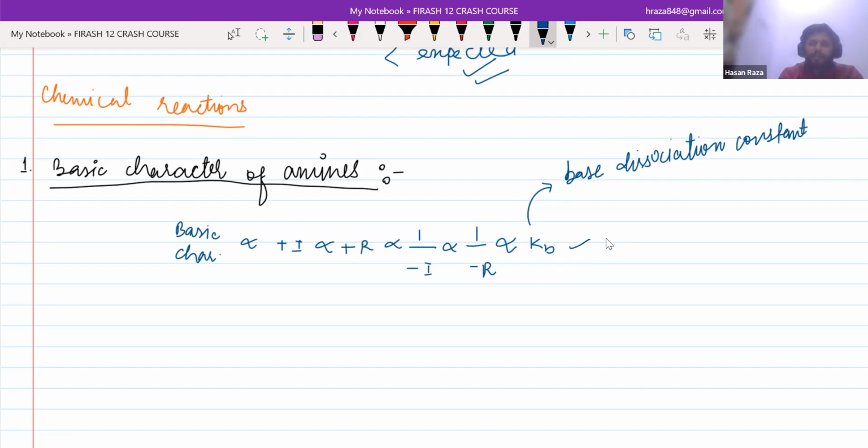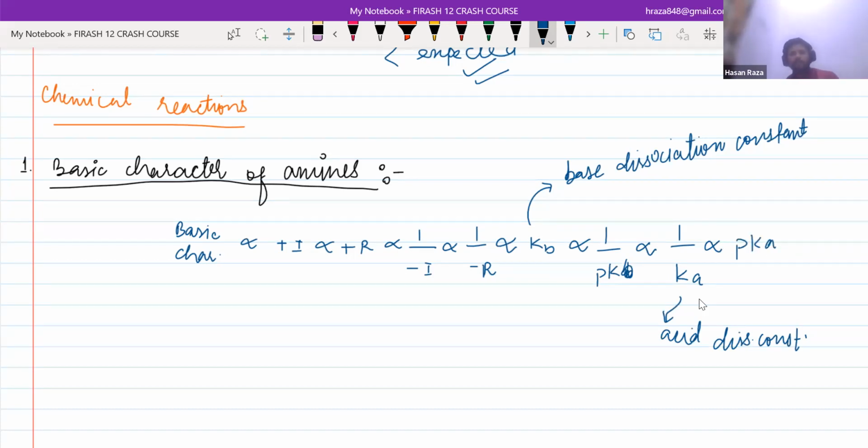And we can write inversely proportional to pKb, it is inverse of Kb. Then comes inversely proportional to Ka, this is acid dissociation constant. Then comes directly proportional to pKa, inverse of Ka. Is that clear?